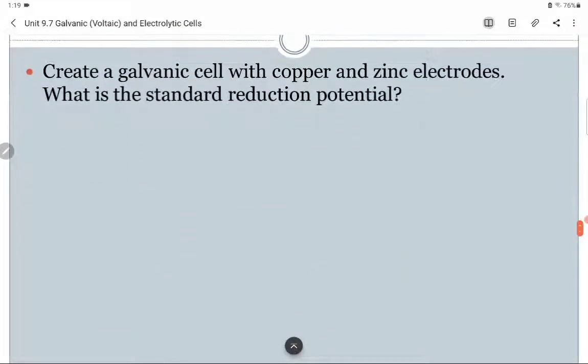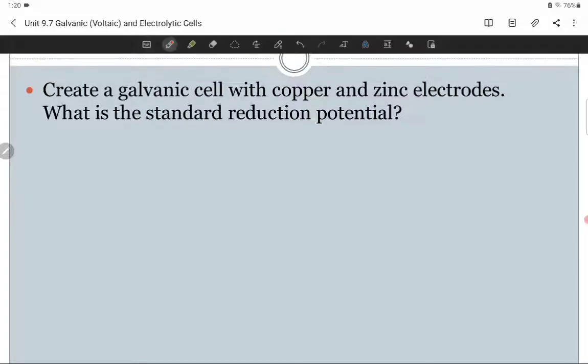So let's jump in. Let's try one of these. Draw a galvanic cell with zinc and copper. So we already know a couple things. We know from our standard reduction tables, and I had already written these out, that these are the two half reactions that deal with copper and zinc metal.